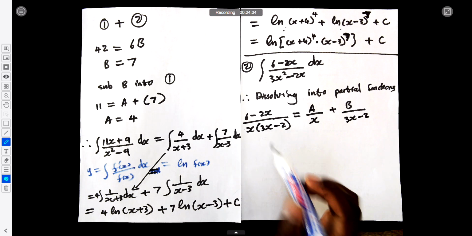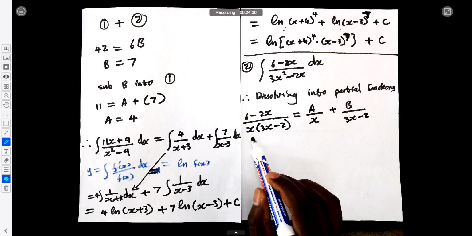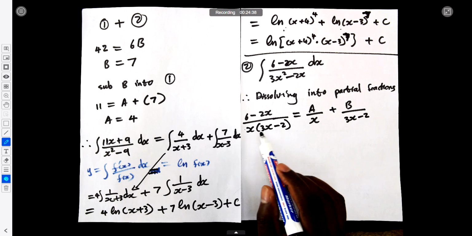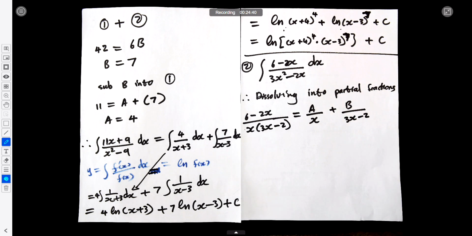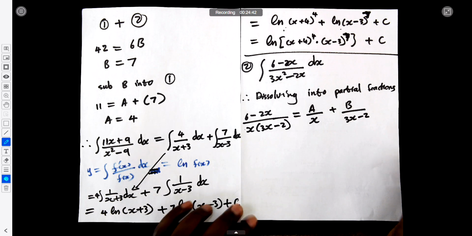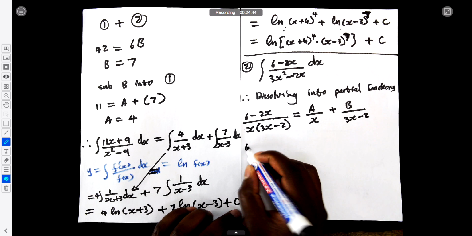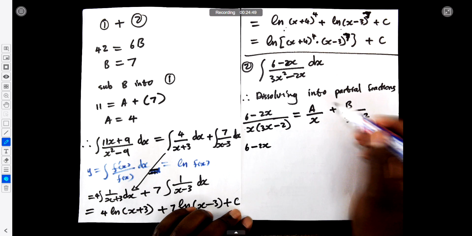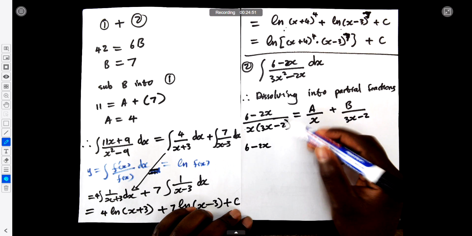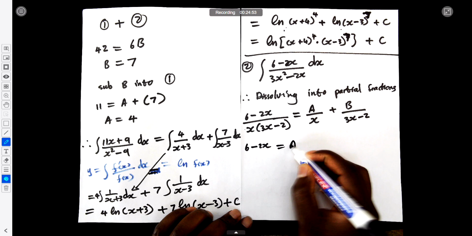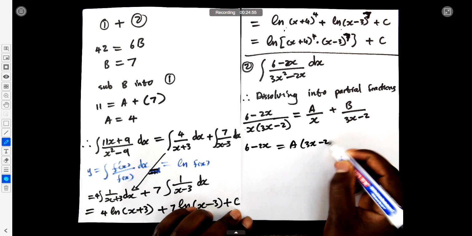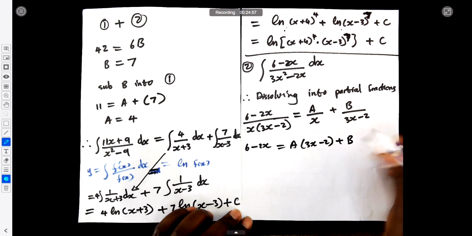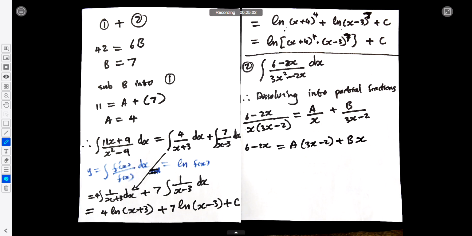The next part, we need to multiply by the denominator of the original fraction, throughout the equation on the left and right hand side. So when we multiply, we'll always be left with 6 minus 2x. Multiplying the first term, dividing x, we'll be left with a times (3x minus 2), plus b, which we'll multiply with x.